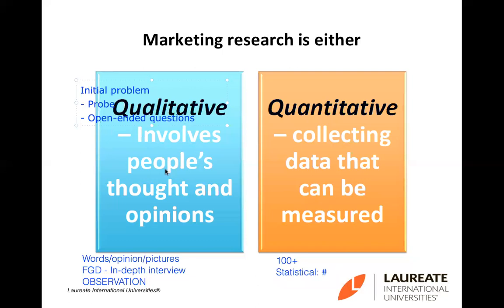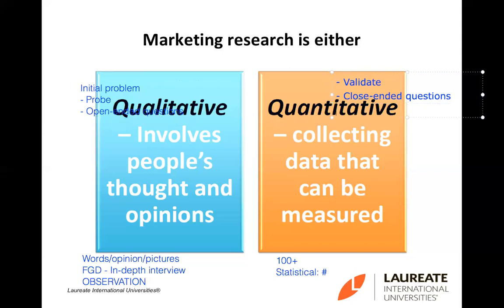On the other side, quantitative techniques basically help us to validate whether the information that we collect from the qualitative research is accurate or not. We normally ask close-ended questions.